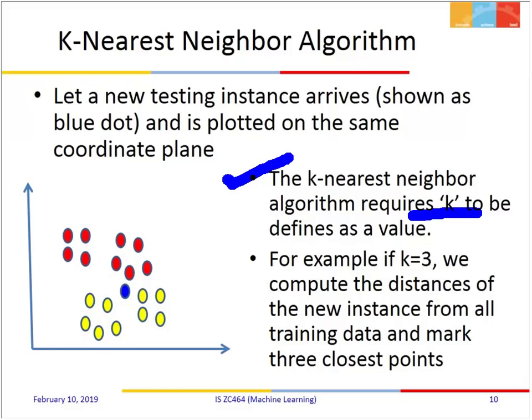If I am taking k as 3, this means that we are going to compute the distances of the nearest 3 points. You can identify that these nearest 3 points are the ones which are closest to this blue point, and humans have the capability to identify this from the graphical data. Of course, from the numeric data of 18 points, it would have been much more difficult for every one of us to identify which are the closest points to this blue point.